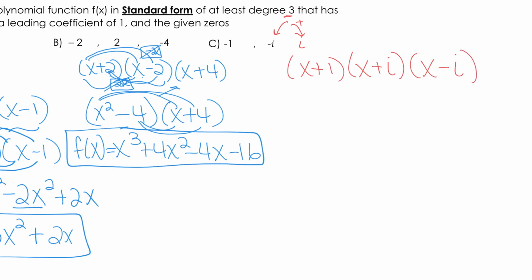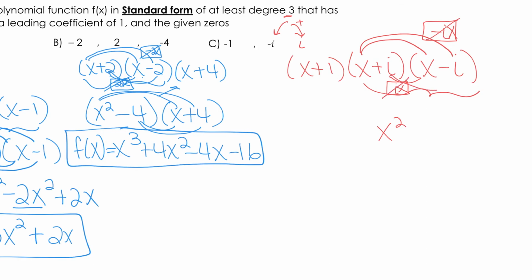Now, when you have these complex numbers, I would go ahead and multiply these together first. I'll show you why. You're going to do x times x, which is x squared. When I do x times negative i, that gives me negative ix. When I do i times x, I get ix. And notice that ix, negative ix, those cancel.